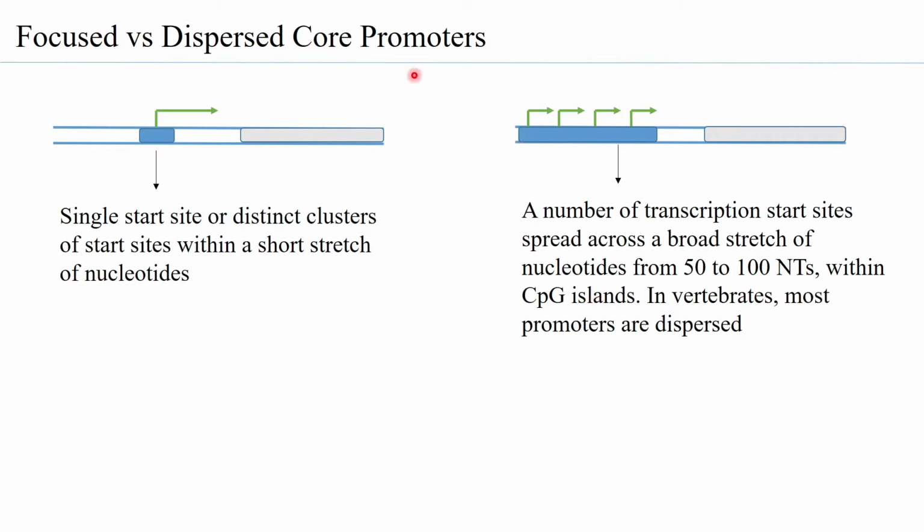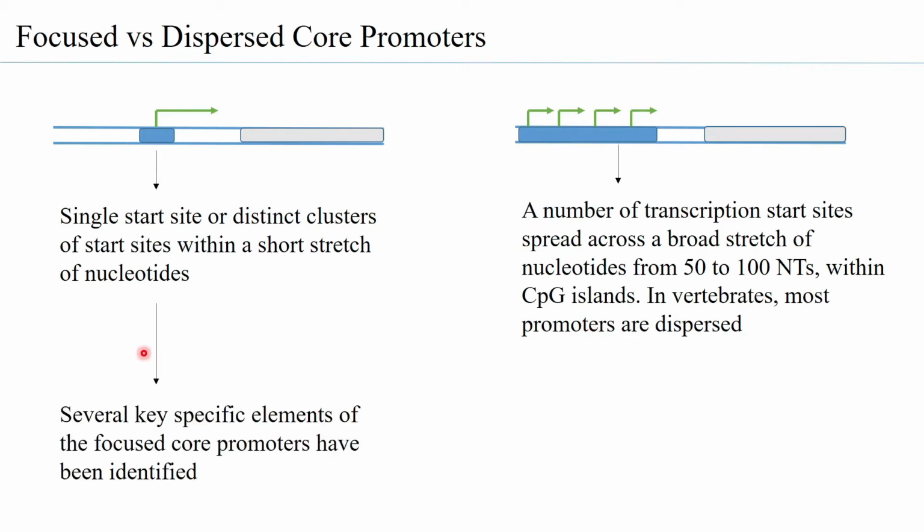And the dispersed core promoters have been maximally present in the vertebrates. In fact, in vertebrates, you will find that a larger proportion of promoters are dispersed core promoters rather than focused core promoters. In humans, you have both focused as well as dispersed core promoters.